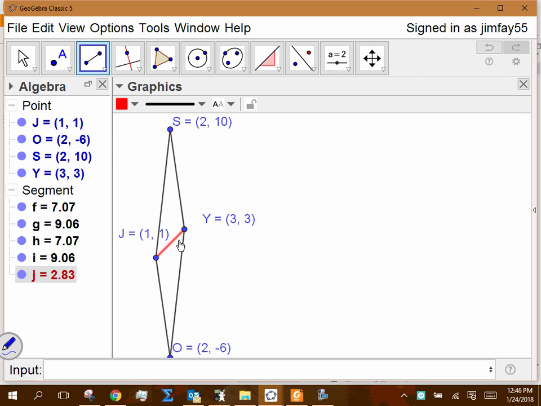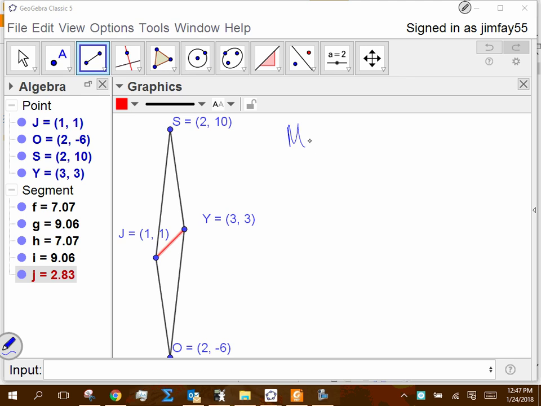Does that make sense? Well, if this segment S to O is going to bisect YJ, it has to go through what of YJ? What does every bisector ever pass through for a segment? The segment's midpoint, right? So let's find the midpoint of JY.